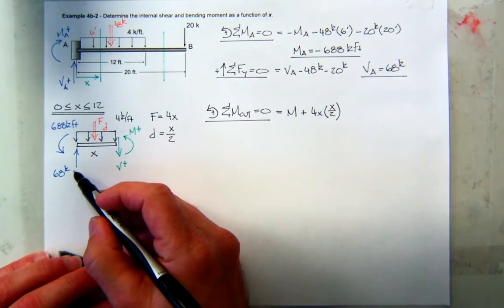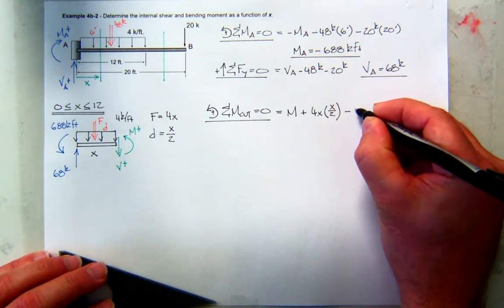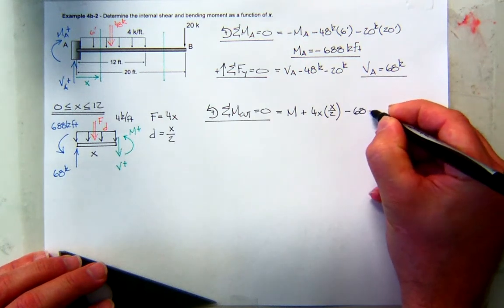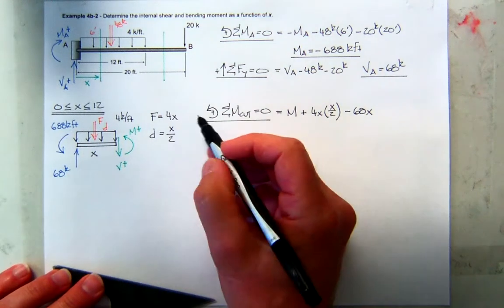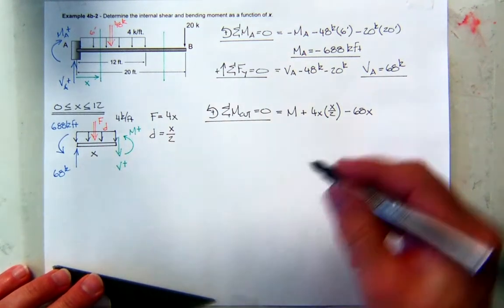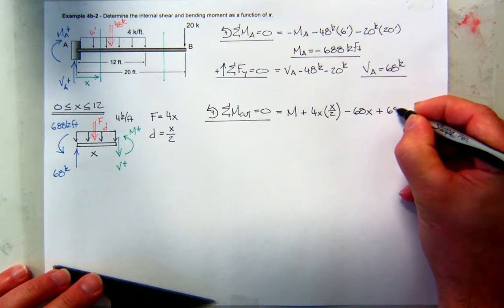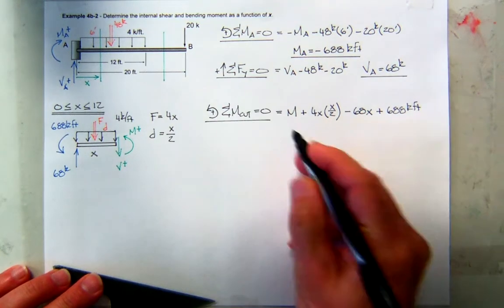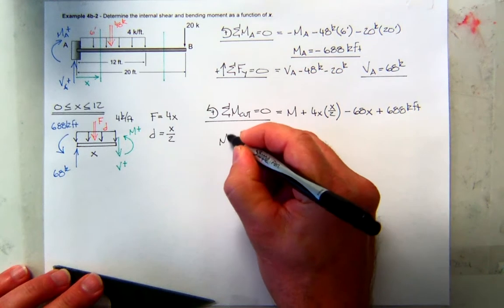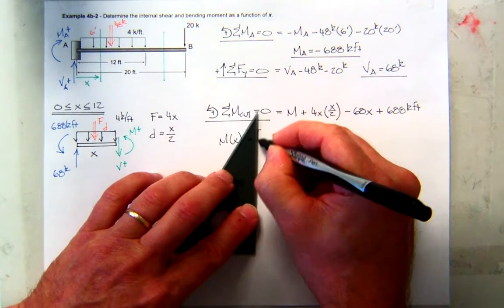I get to the end, I've got this 68 kip force. That's creating negative moment. 68 at a distance of x. And then I've got the supplied moment at the end. According to my sign convention, that's a positive moment of 688. So just solve for M. I'll just collect all the terms first.